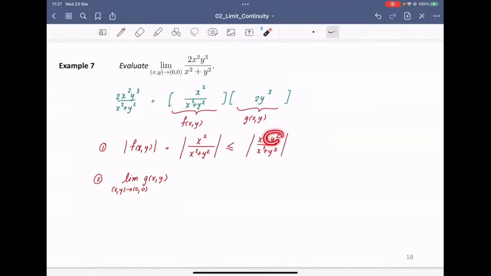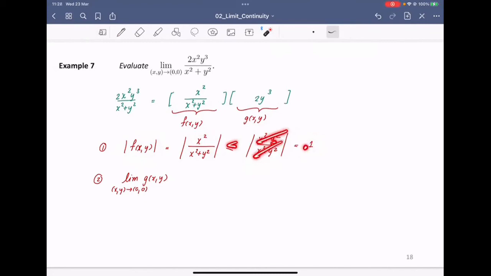You add something positive to the top, so the top is always greater than or equal to the original. You didn't touch the denominator, so the denominator is the same, but on the top you add this term, so this one is heavier. So this one must be bigger than that. On the right-hand side, you can cancel out, you get 1. Which means you can show that the absolute value of f(x,y) is less than or equal to 1. So we add y squared because we want this thing to cancel out and get 1.